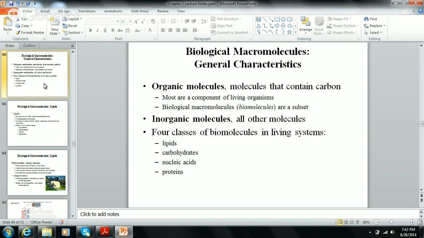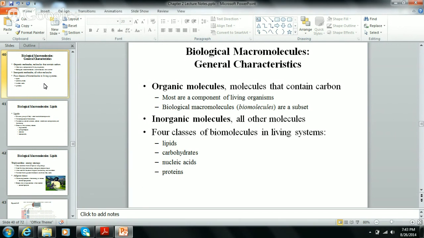I don't see or hear that taught anymore. Typically, what they tell people is that an organic molecule is one that has carbon in it, just like you see fatty acids having a carbon chain backbone, whereas an inorganic molecule does not contain carbon in its makeup. So, what we're going to focus on for the next 15-20 minutes is all organic molecules. And we're going to start off with lipids.